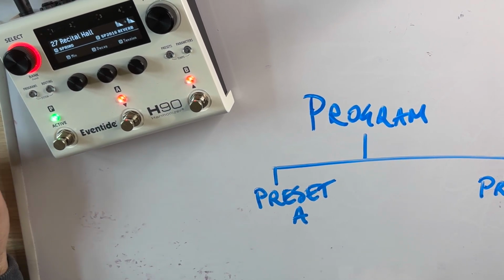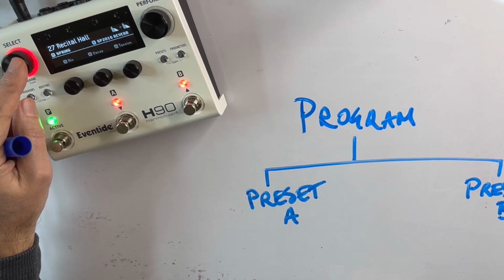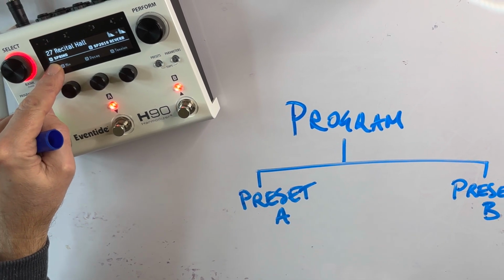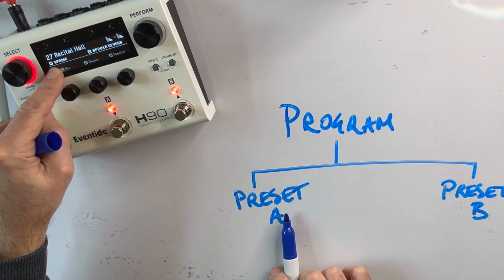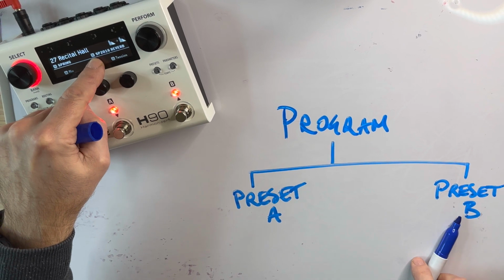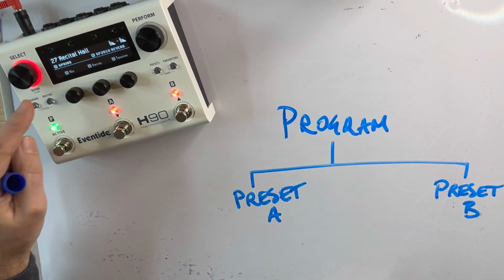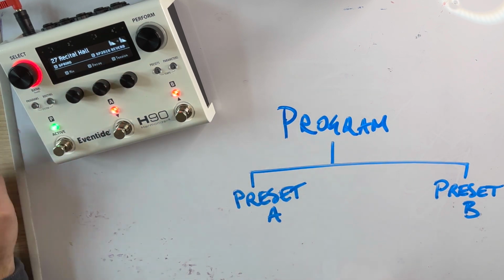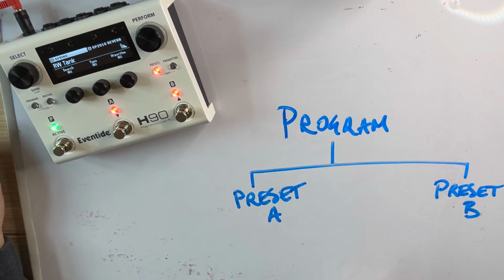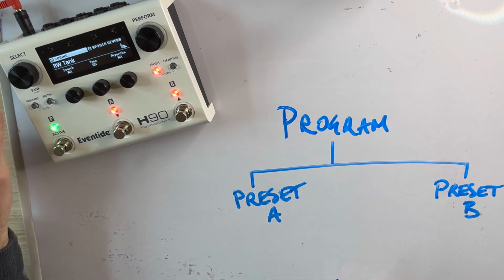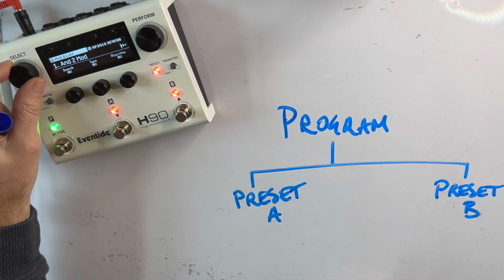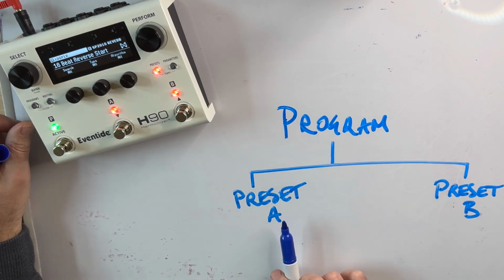So say we're in a program and we have here on the left a spring reverb in preset A, and we have the SP2016 reverb in preset B. If I want to change either of those things, I can tap the preset button. Now, without doing anything at all, I can just scroll through all of the presets.